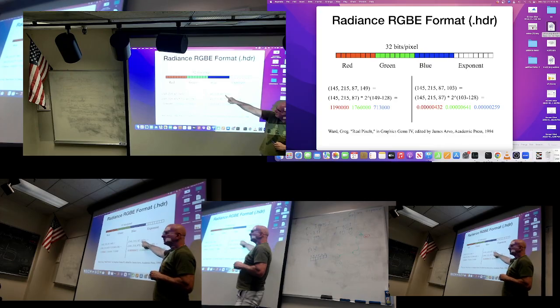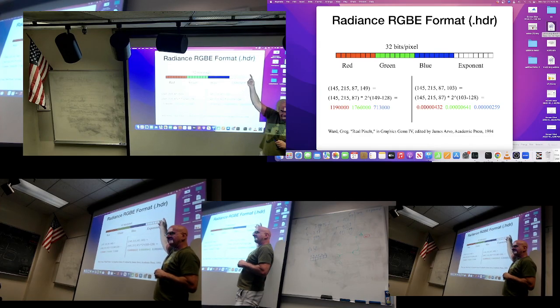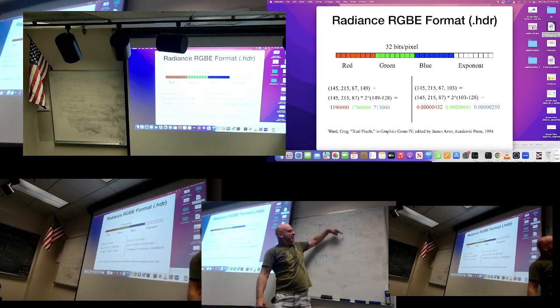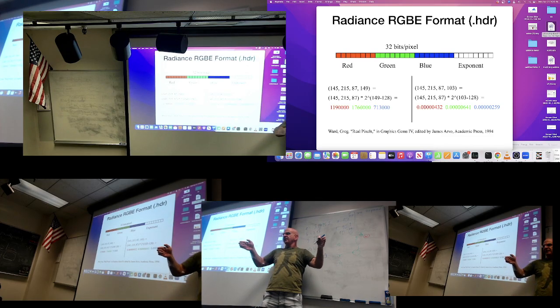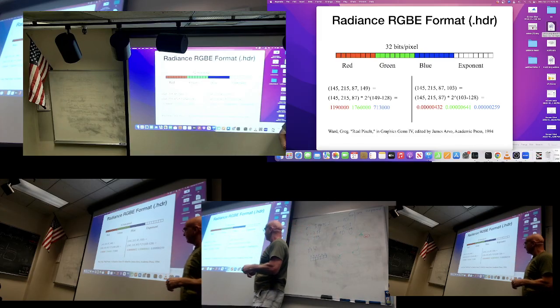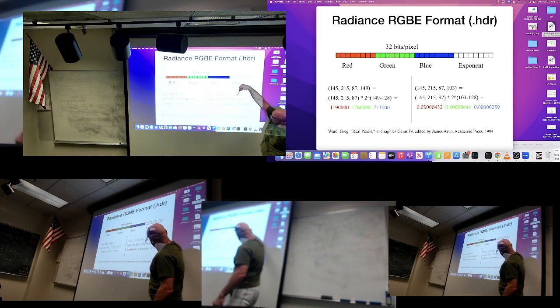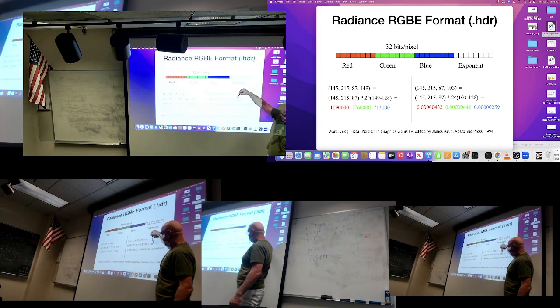Except that it's not 103, because with 8 bits I can represent a number between 0 and 255, but I want to represent both positive and negative exponents. So instead of 0 to 255, I'll represent only numbers between minus 126 and plus 126. That is, this number that I'll write here at the end, I'll take the exponent, 103, and subtract from it 128.